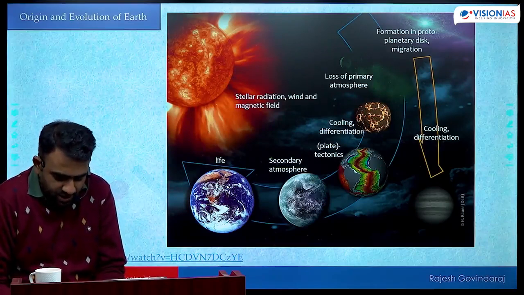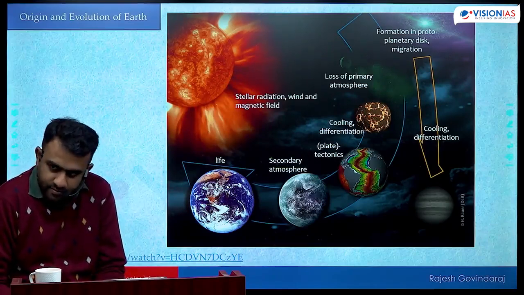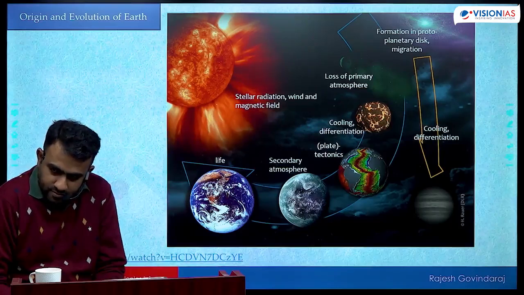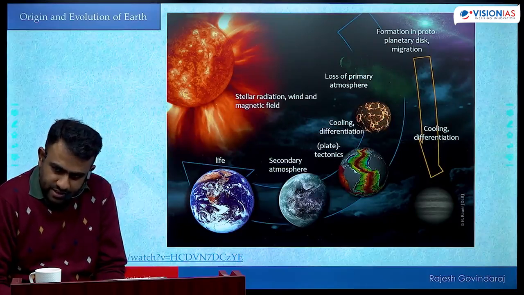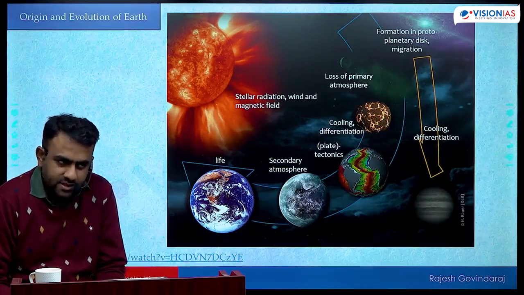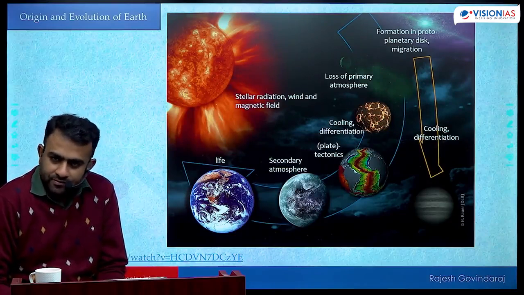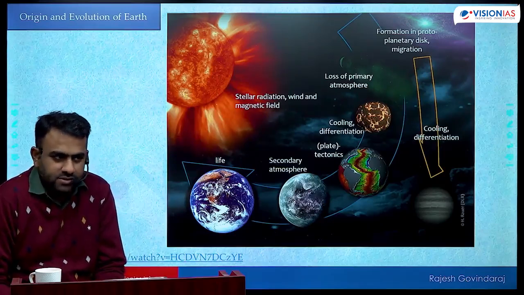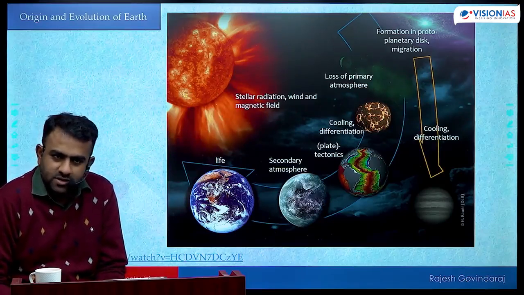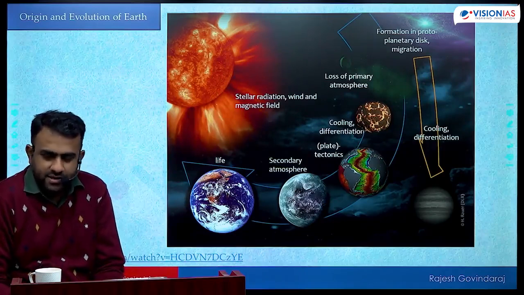There was a spinning gaseous cloud. Further contraction caused a faster rate of spinning. Faster rate of spinning caused the formation of disk shape. Because of the disk shape, gradually rings of matter will get ejected, right?